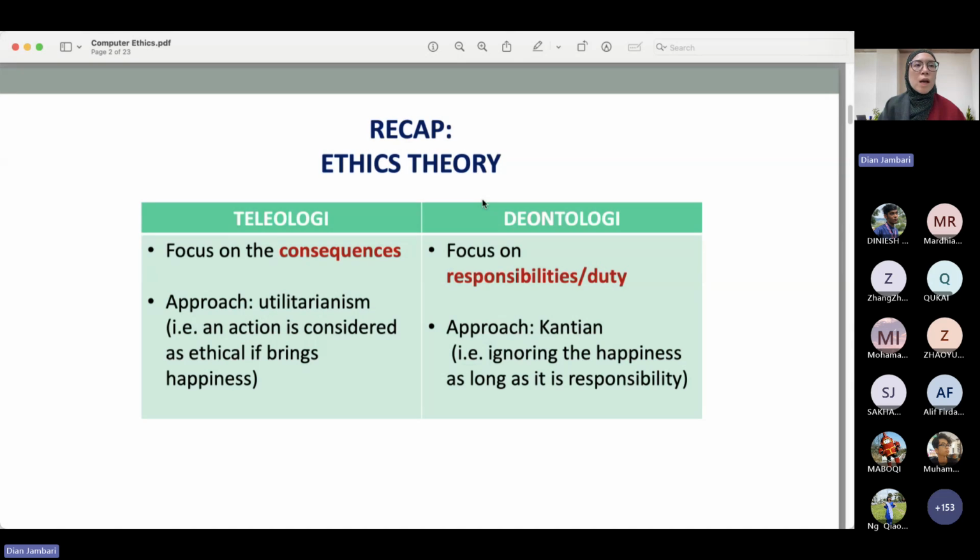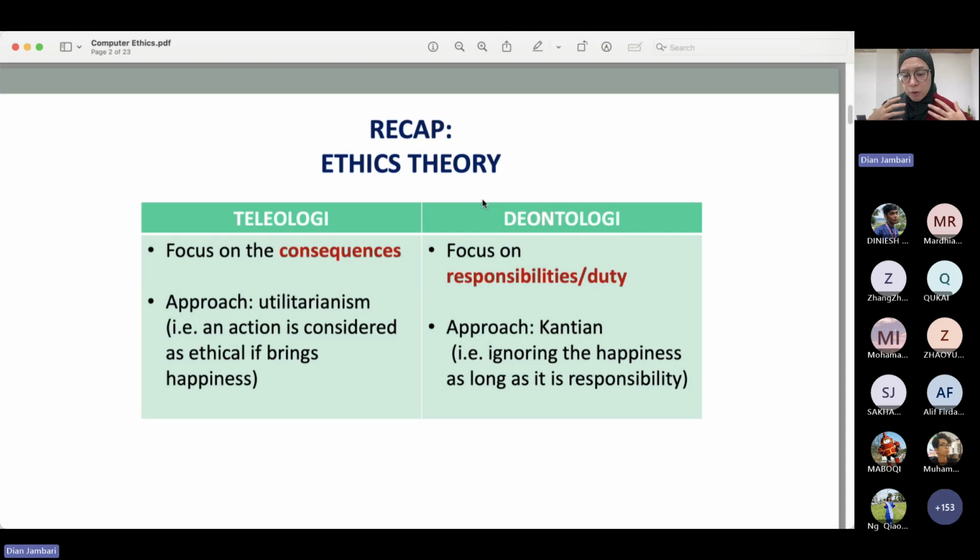So why do we see that in modern times our ethics is much more driven by deontology, that it has evolved into deontology? It is because it is much stronger to act based on our responsibility, because we cannot control how the effect will be.